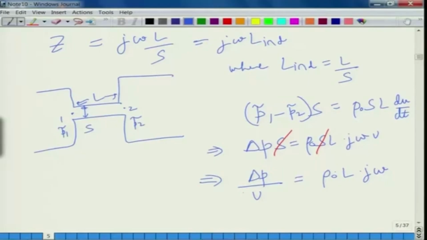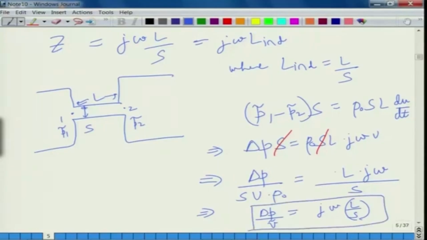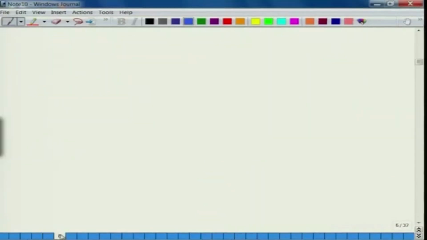If we multiply the denominator by S on both sides and of course divide by density, so as to make it mass velocity, the difference in the acoustic pressure divided by mass velocity is j omega L by S. So, this is yet another way we can derive the inertance of this body. So, this is the role of an inertance.